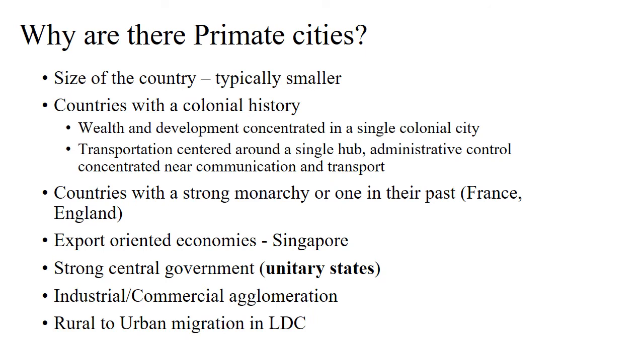Massive rural to urban migration in these LDCs that are experiencing demographic transition, where you're going to maybe have one of these capitals or large cities that might match with several other things on this list, some old colonial capital or the seat of a monarchy or government or whatever. But especially in LDCs experiencing lots of rural to urban migration, it wouldn't be unusual for one of those cities to gain some degree of primacy.